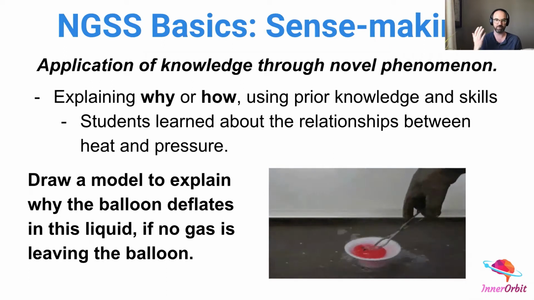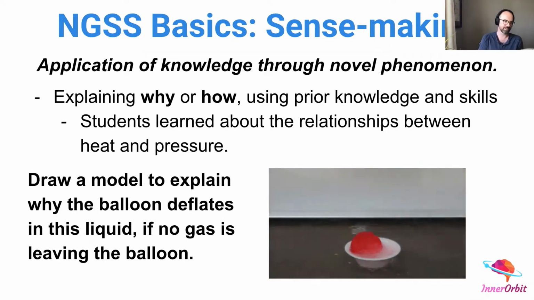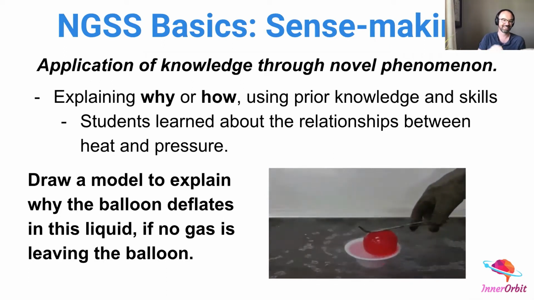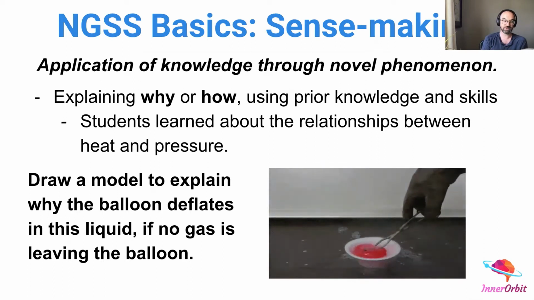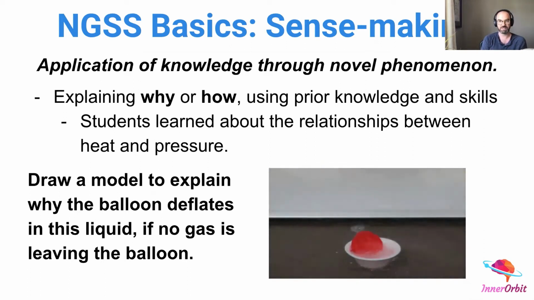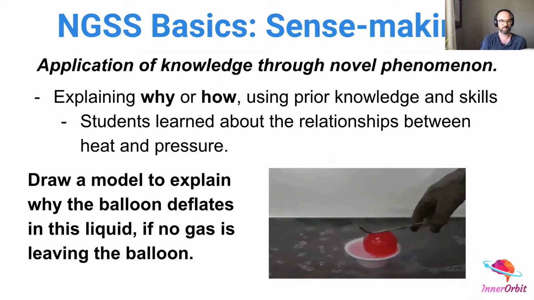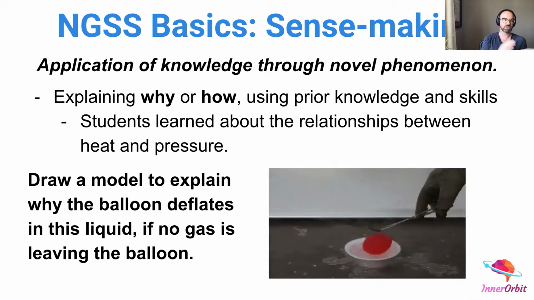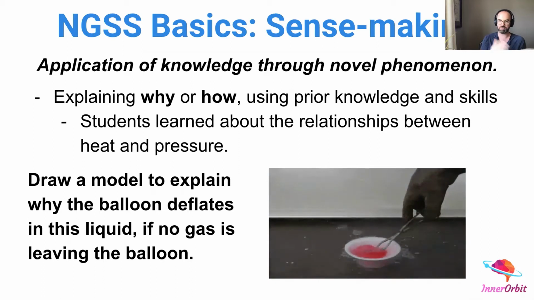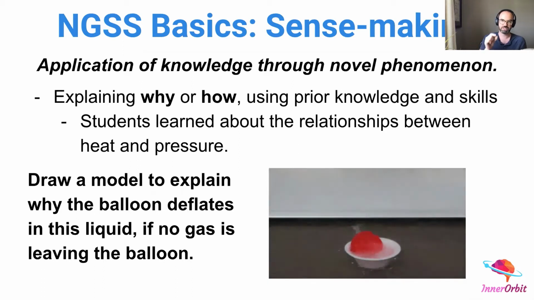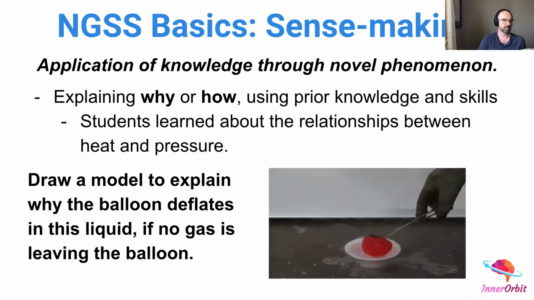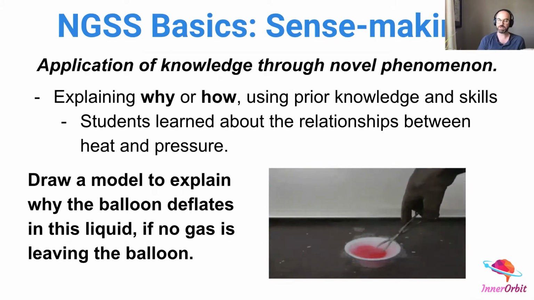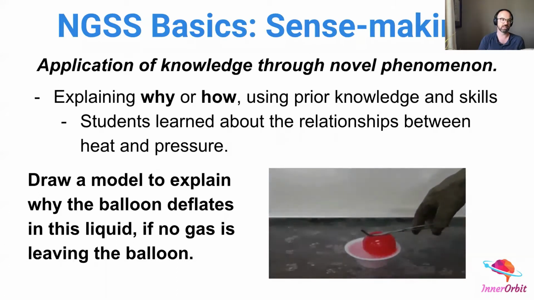So here we have a phenomena. There's a thing happening. Somebody is very aggressively pressing a balloon into a liquid. You may want to tell students that this is liquid nitrogen or some super cold liquid, but the point is that if students learned about the relationships between heat and pressure, average kinetic energy, particle motion, and how that impacts things, then they should be able to give some explanation of what's happening in this phenomena.